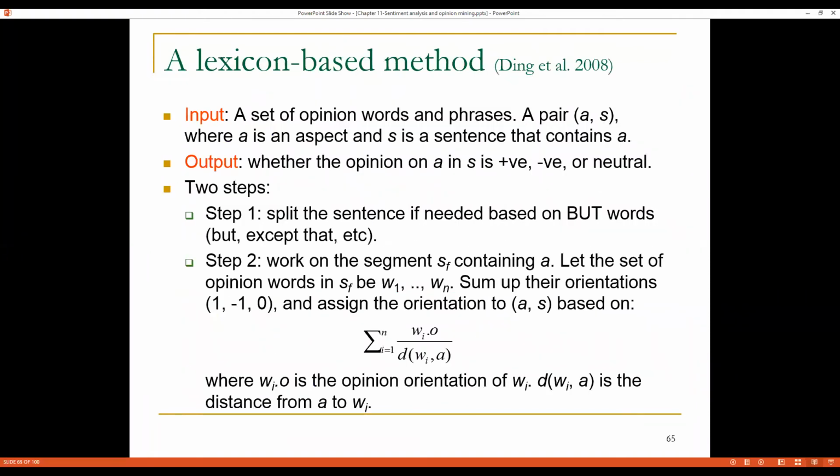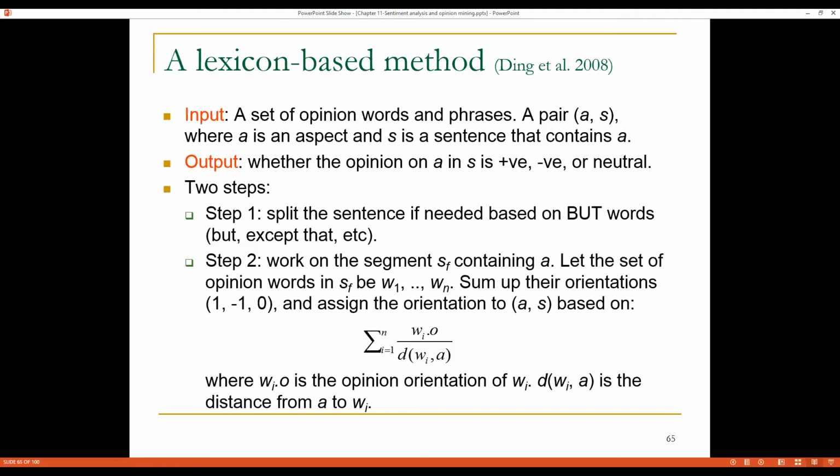For the lexicon-based method, the input is a set of opinion words and phrases, and a pair, AS, where A is an aspect and S is a sentence that contains A. The output is whether the opinion on A in S, the aspect in the sentence, is positive, negative, or neutral.